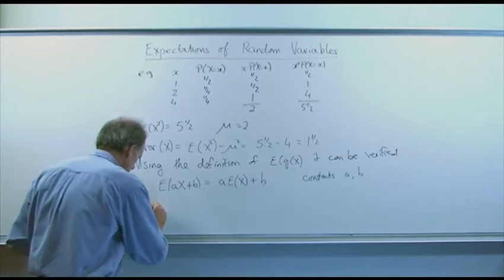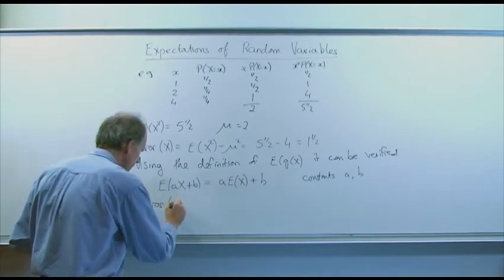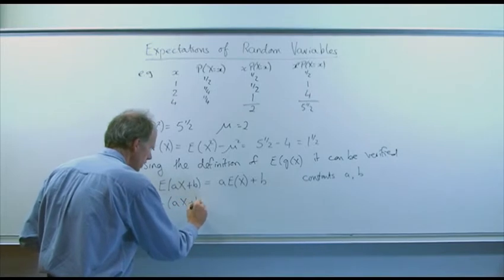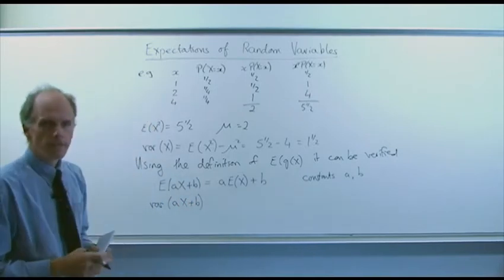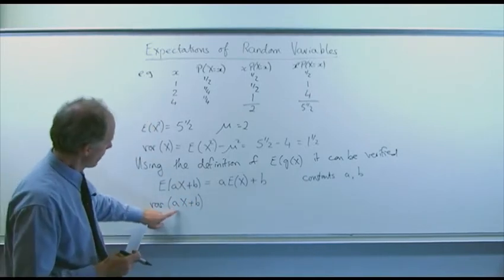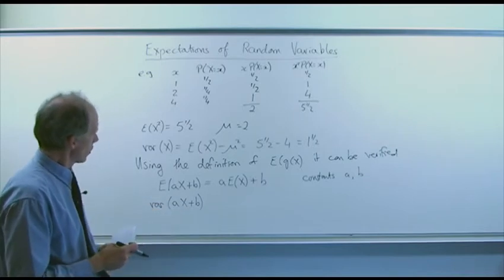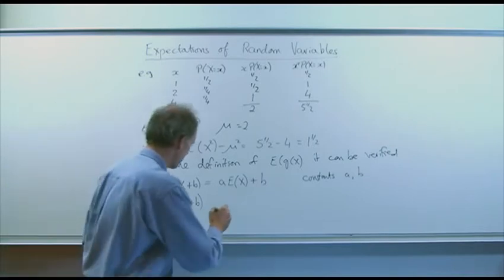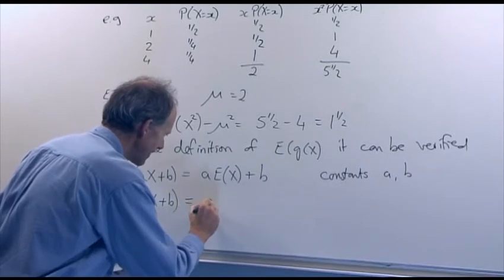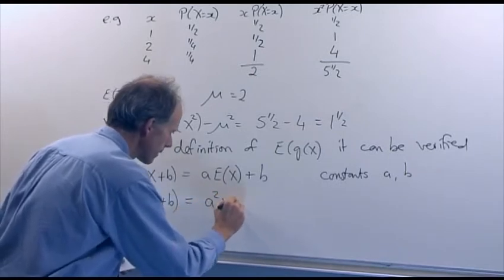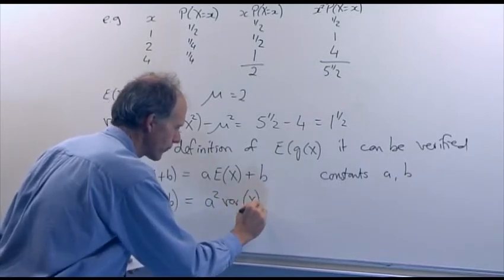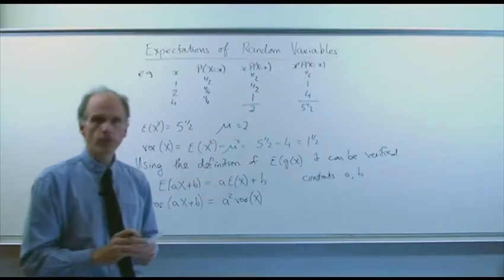And in a similar way, a bit more complicated, it will require rather more lines of calculation, the variance of a linear function of the random variable x is a squared times the variance of the original x.